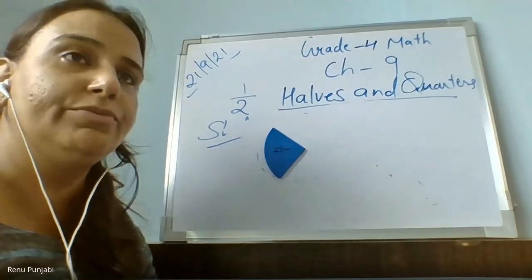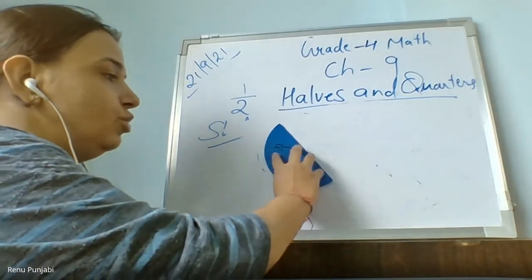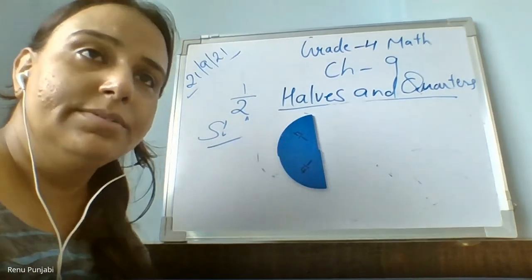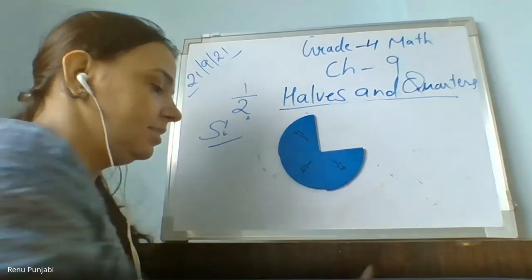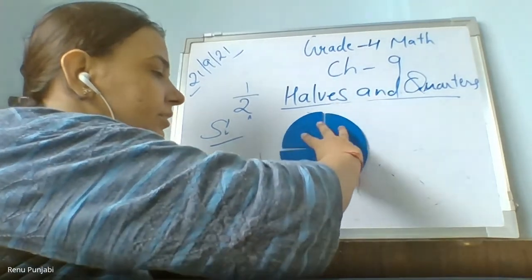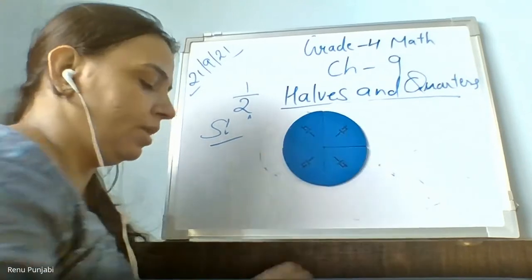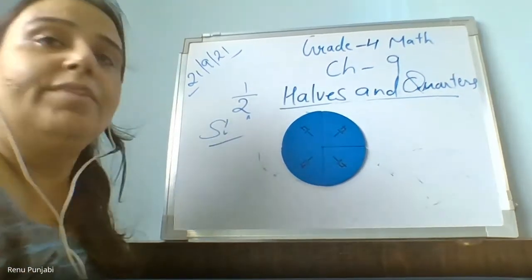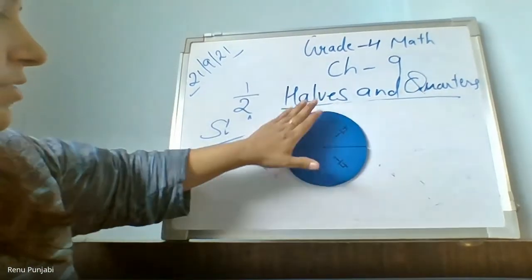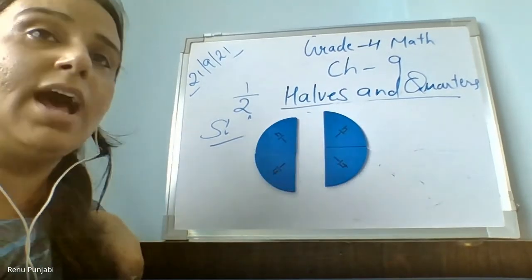The other name of 1/4 is quarter. This is also the quarter. 2 quarters makes the half. Same way, I am adding this. Now there are total 4 quarters that make the full. Got it? Quarter of anything means you have to divide it by 4. So here are the 4 quarters. If I give these 2 parts to Rishik, then also it is making half.